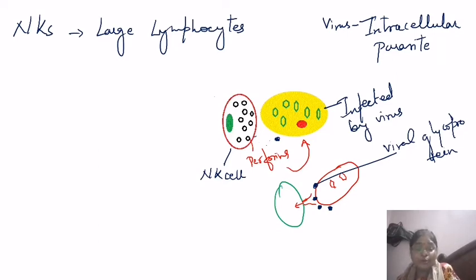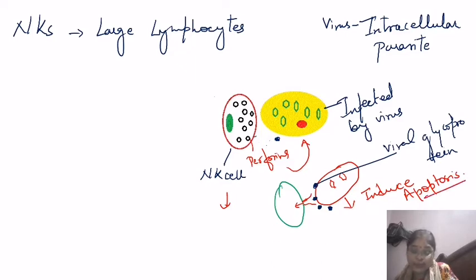They also induce apoptosis inside this virus infected cell. Apoptosis is what? Cell suicide. That is, you have read that lysosomes will burst open and cause the death of the cell, and not only the death of the cell, but death of all the viral particles in it.